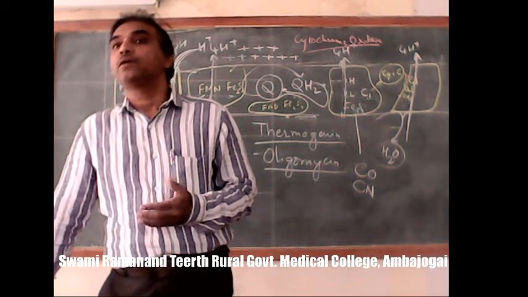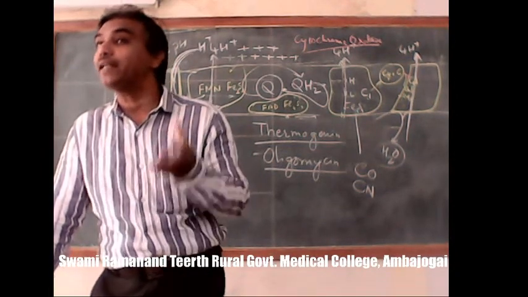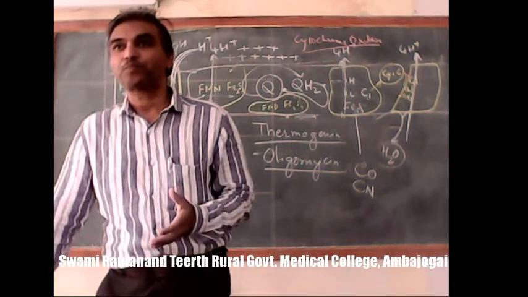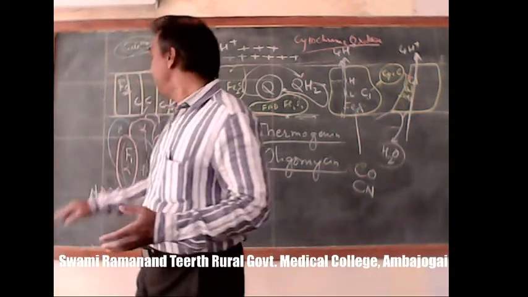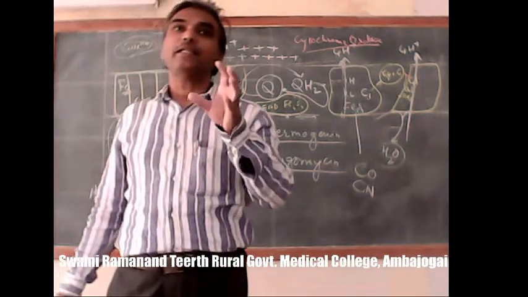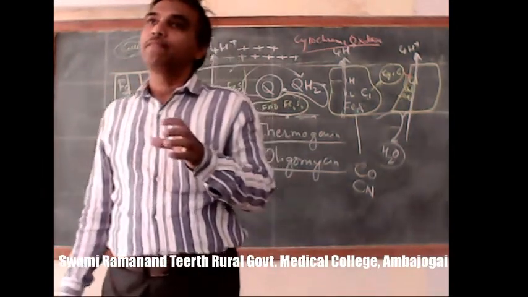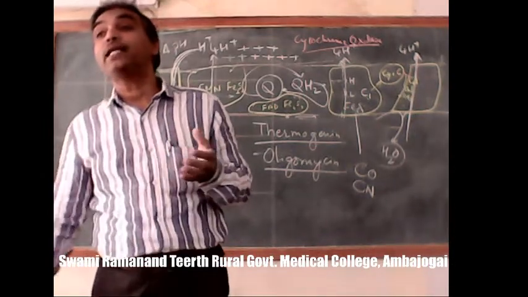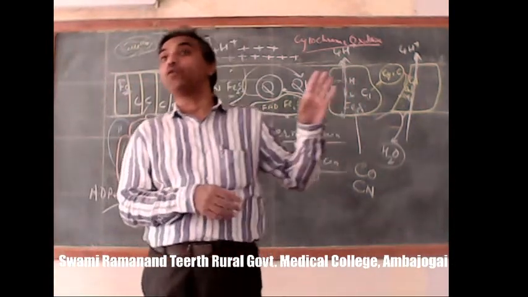So this is the final step. If inhibition occurs at the first step, that is at complex 1, there can be utilization from complex 2 onwards.